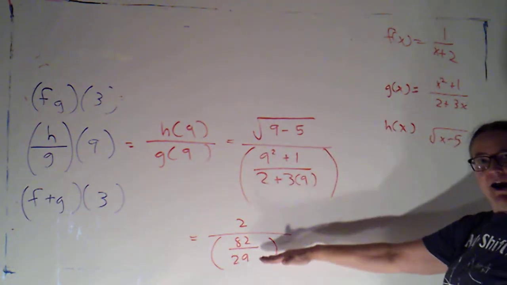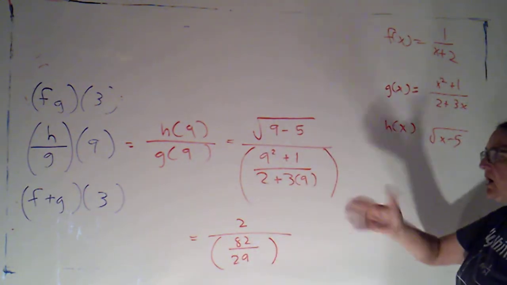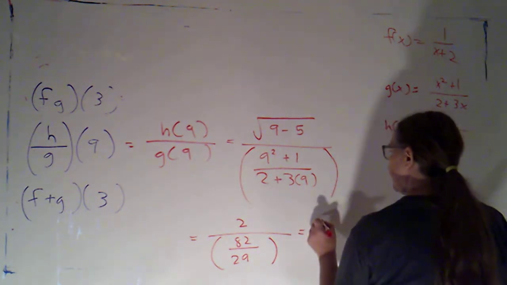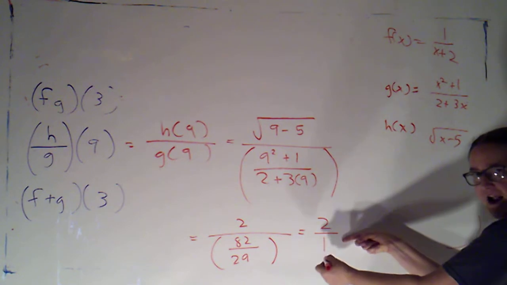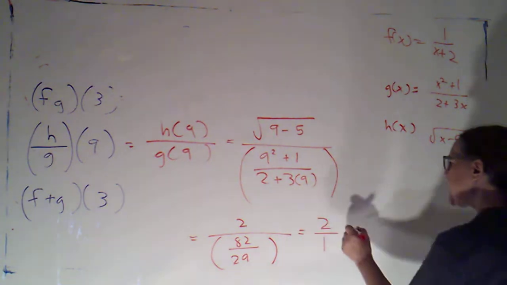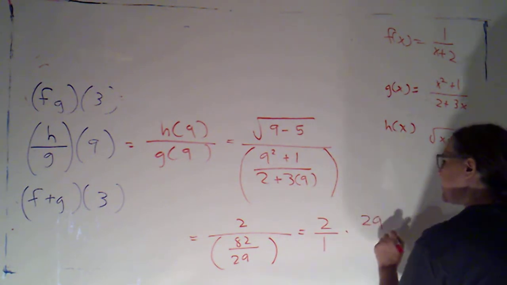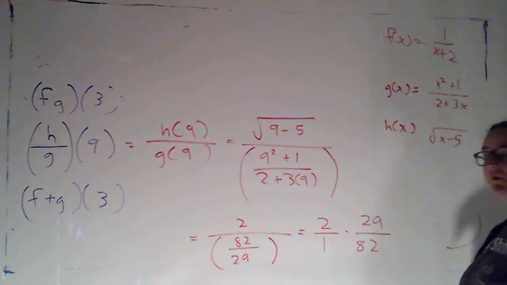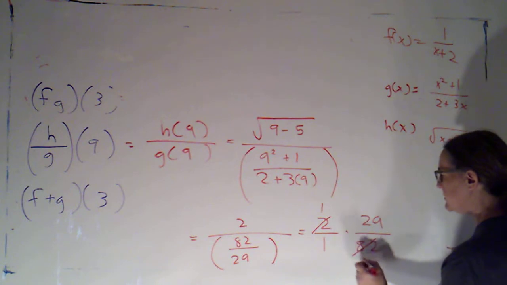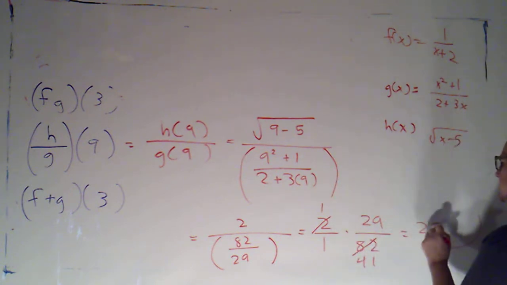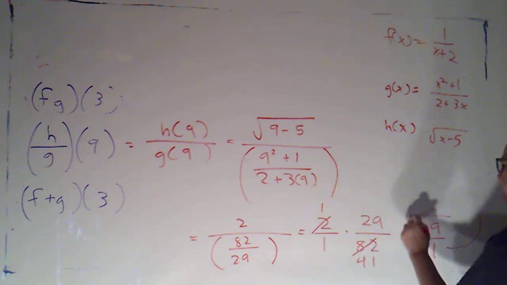Now, if I'm dividing by a fraction, I'm going to just flip and multiply. So this is the same as 2, which I might choose to write as a fraction, 2 over 1, times the reciprocal, which would be 29 over 82. Looks like I can cancel a factor of 2, and so we'll get 29 over 41.